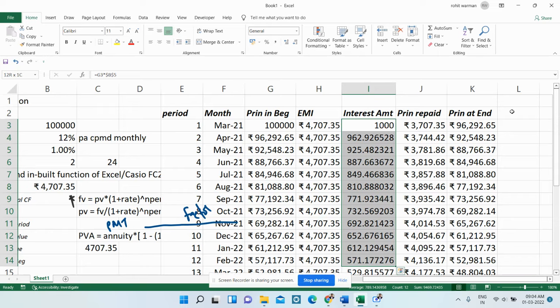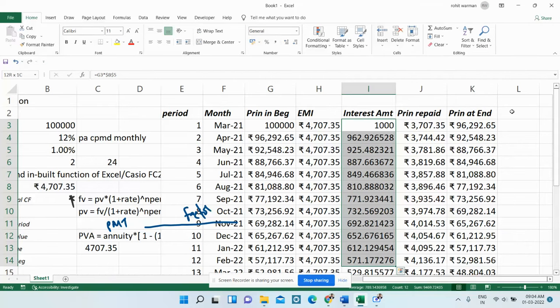But in the exam, there is a time constraint. We cannot prepare it. Of course, if we are really fast, then we can go with the amortization schedule. But there are shortcuts, there are different keys on the calculator as well. There are inbuilt functions in Excel which we can use to find the answer.